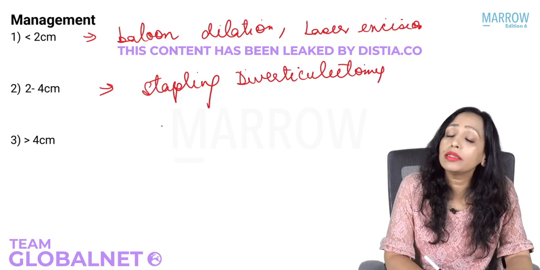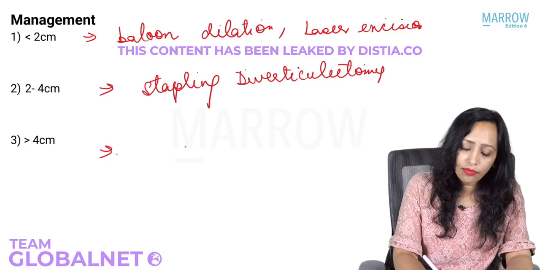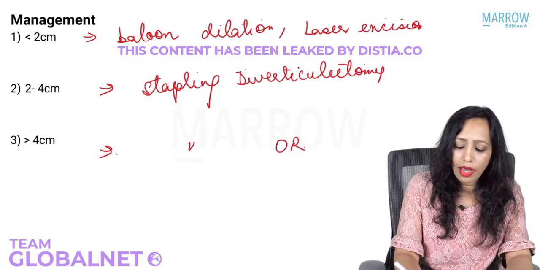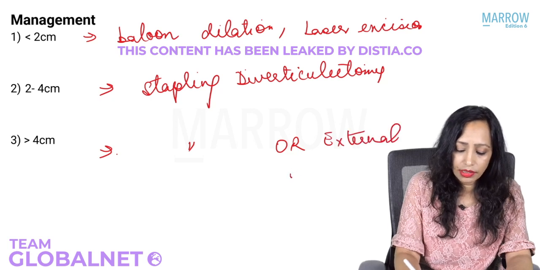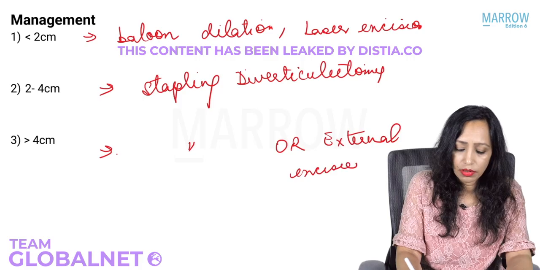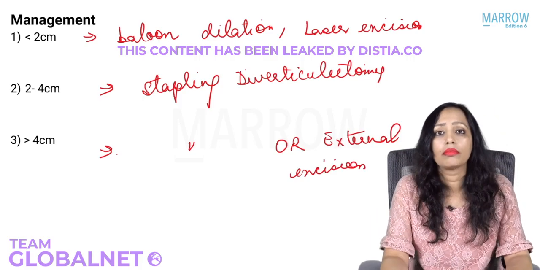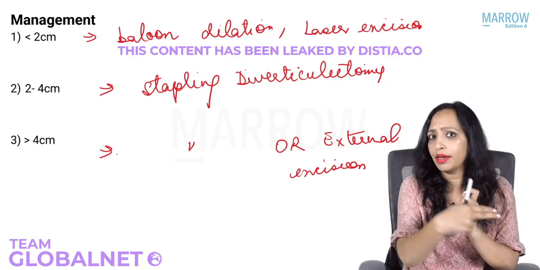And if it is more than 4 centimeters, then definitely you can go either for stapling diverticulectomy, or you can go for external excision. If you cut so much of the esophageal wall, that might be a problem, so just go and do an open surgery and excise it.